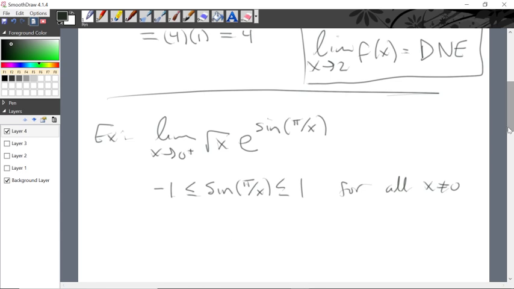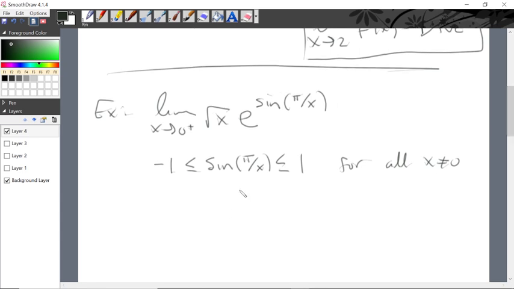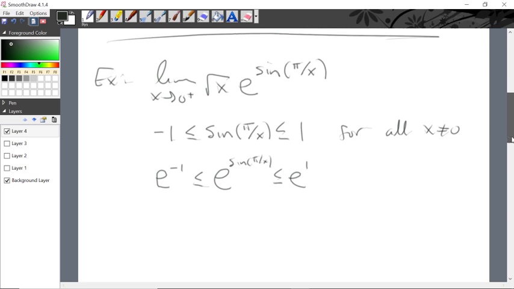That means that, since y equals e to the x is an increasing function, e to the sine of pi over x is also bounded between e to the -1 and e to the +1. That's true because this exponential is a growth function.